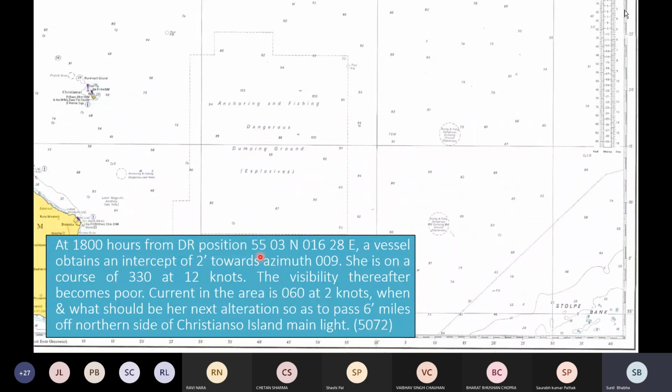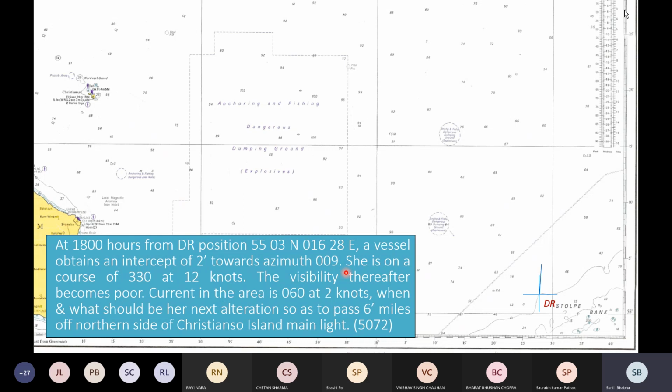Let's first of all mark the DR position on the chart, and from the DR, we can then mark off our first position line. Let's plot the DR. You can see the DR latitude, the DR longitude. Now, once we have the DR position on the chart, we know the azimuth is 009.